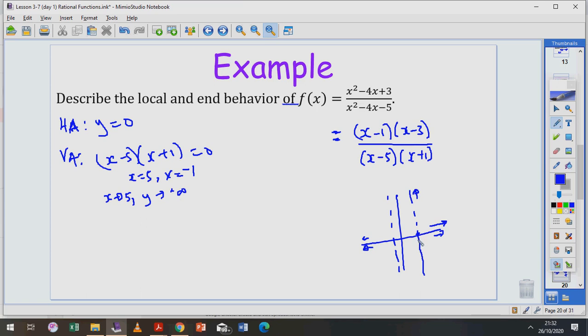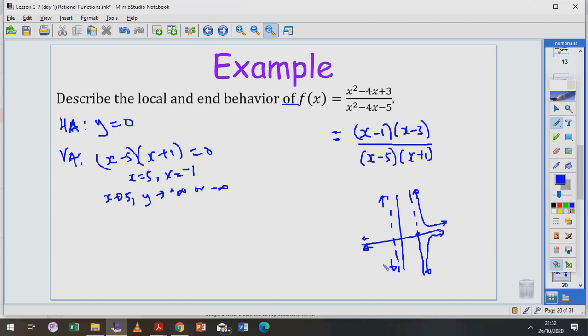Or it could be the other way around, that as x tends to 5, y goes to negative infinity. So y could be positive infinity or negative infinity. And as x tends to -1, same thing, you're going to have that kind of behavior or this kind of behavior.